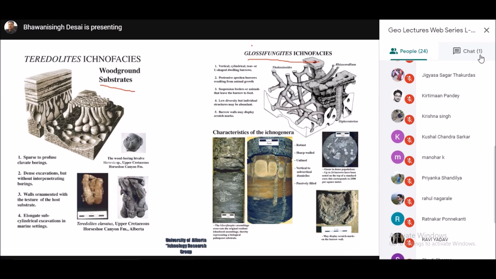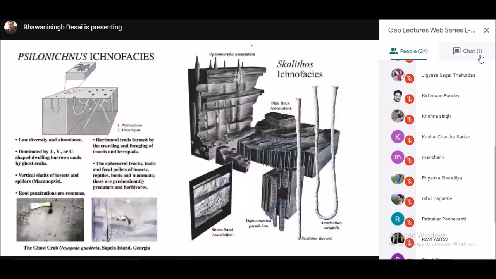Next is Psilonichnus and Skolithos. The essential thing here is all the burrows are dominantly vertical. In Skolithos, they are either single or U-shaped, or sometimes a very long vertical axis.